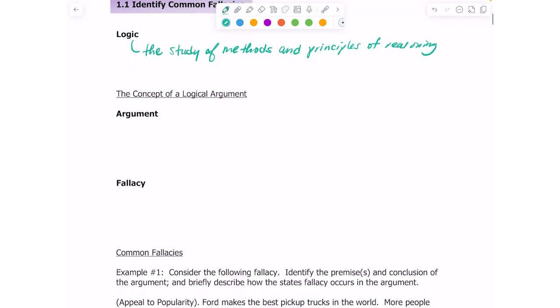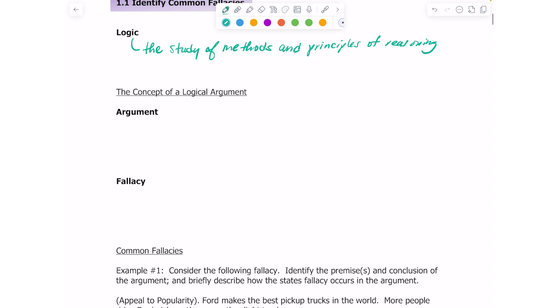So in logic, we've got arguments and we also have fallacies. An argument is just something that uses a set of facts or assumptions, and we've talked about those assumptions before. They're called premises, right, to support a conclusion.